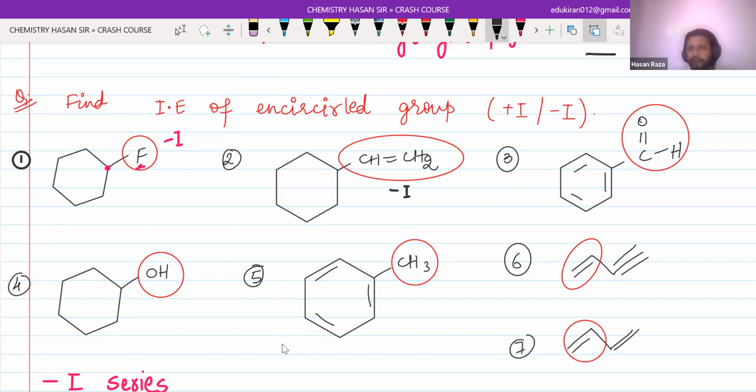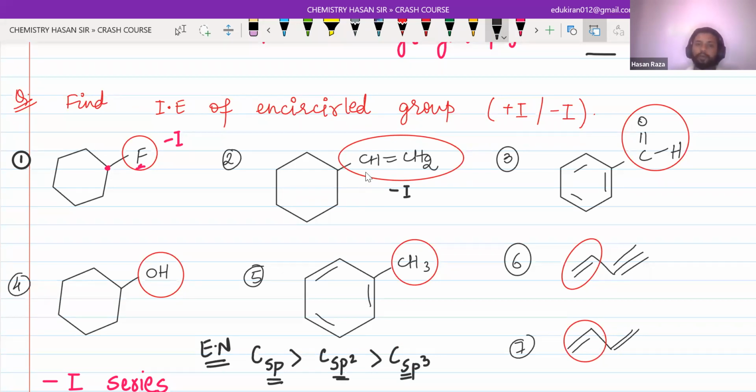You have studied in previous class that carbon having sp hybridization will be more electronegative than carbon having sp2 hybridization. This is your electronegativity order for the carbon having sp hybridization, sp2 hybridization, and sp3 hybridization.